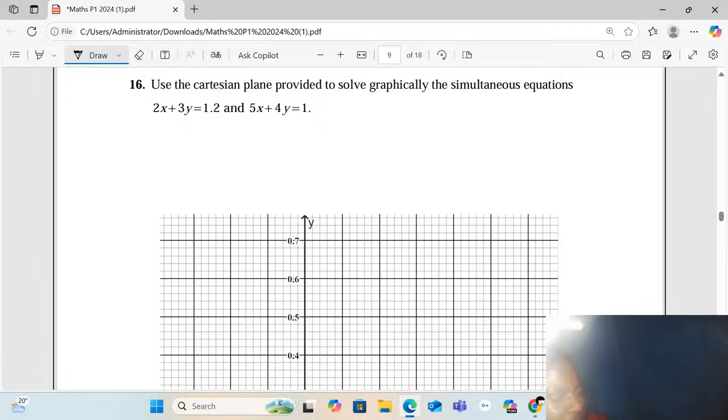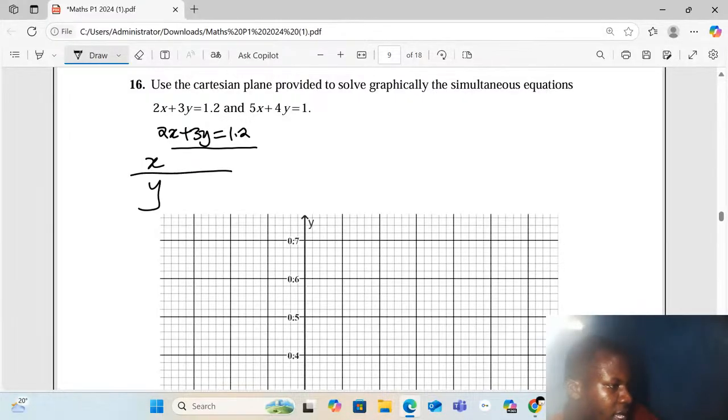So the first simultaneous equation we have is 2x plus 3y equals 1.2. Using this equation and the Cartesian plane, find the values of x and y that will guide you on drawing the graph.